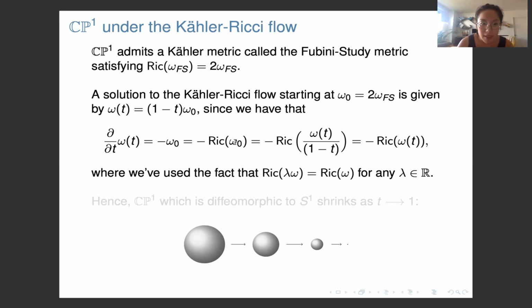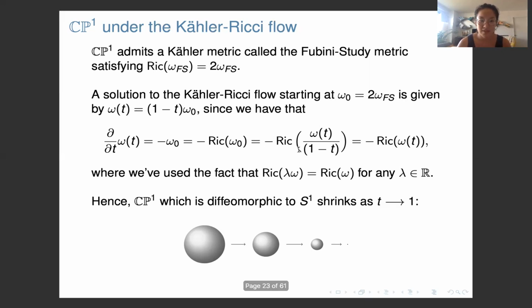And then from there, I can plug in the fact that omega naught is also equal to omega t divided by 1 minus t. And then again, using the invariance under scaling, this just reduces to negative Ricci of omega t. So the far left-hand side is the time derivative of omega t, and the far right-hand side is negative Ricci of omega t. So you find that indeed this definition of omega t satisfies the Kähler-Ricci flow.